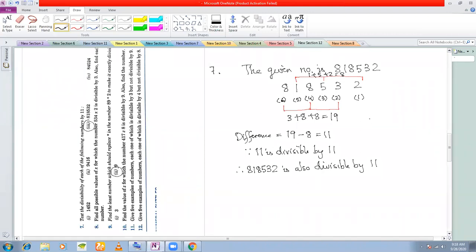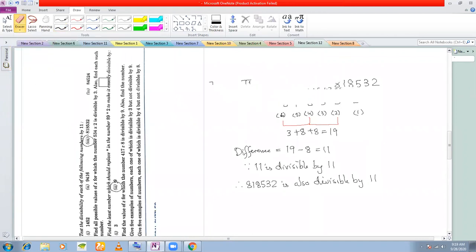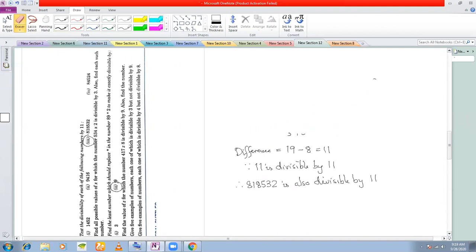Next question 9.2. Find the least number which should replace star in the number 89 star 2 to make it exactly divisible by 9. So let us write the number first.